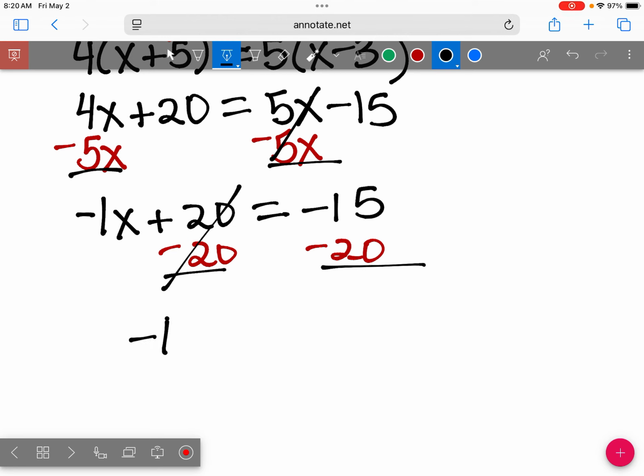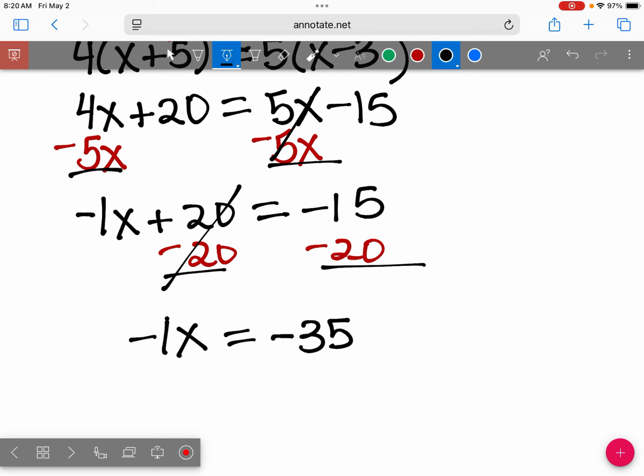So go ahead, pick up your calculator and add this together. See if you can figure out what you get. What's negative 15 minus 20? Negative 35, good.